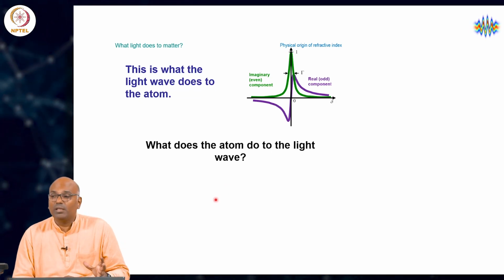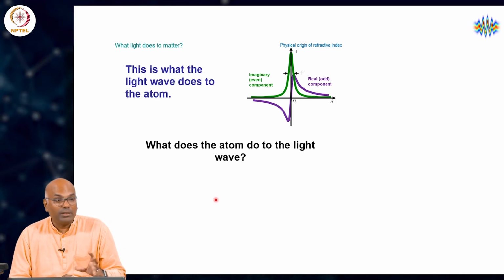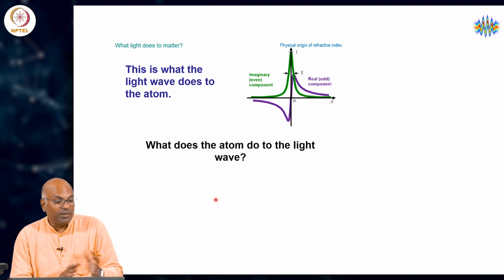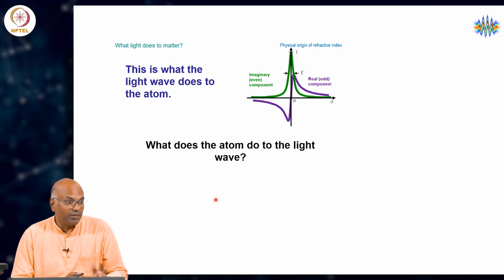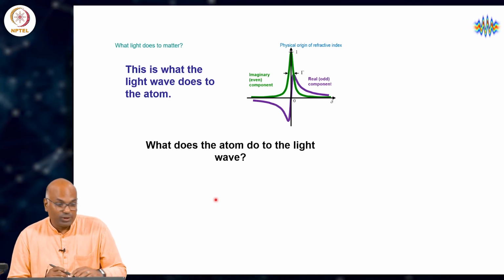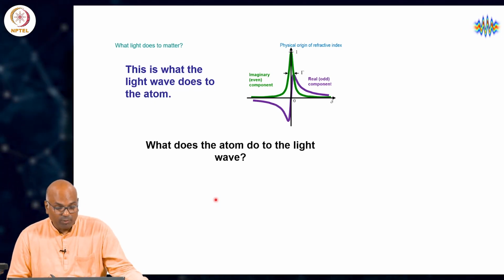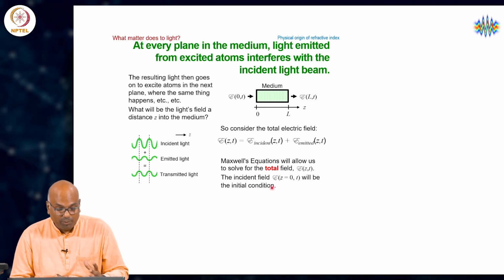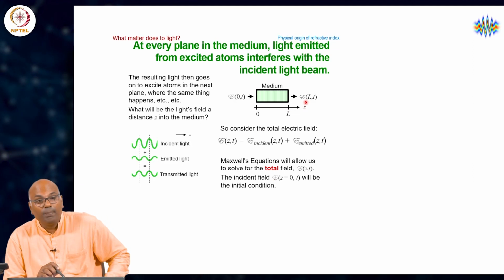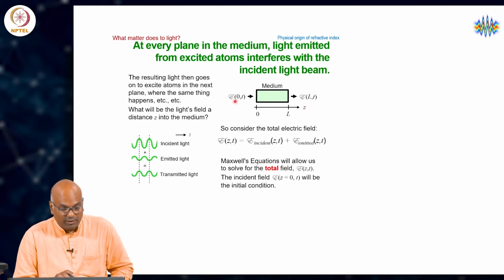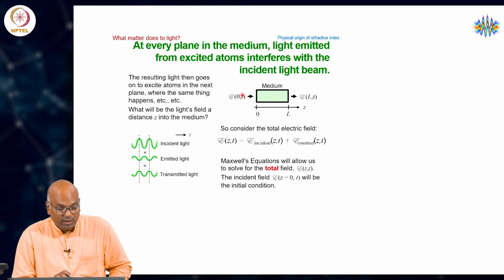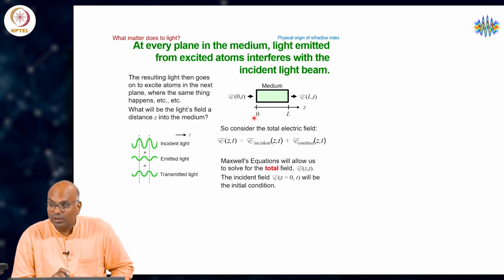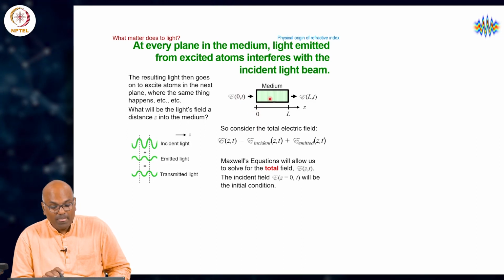This enables us now to answer the question. Having examined what light does to matter and what matter does to light, that sort of give and take, we are now in a position to accurately and physically model this aspect, where we have the light wave propagating through a medium, with an incident electric field amplitude E of t at the entry point z equals 0 in the medium.